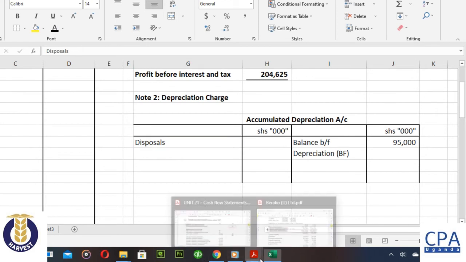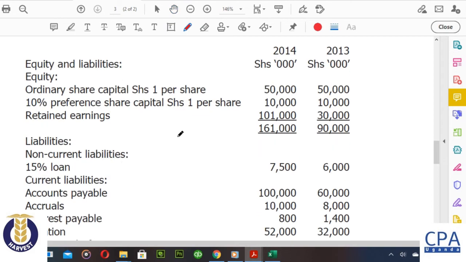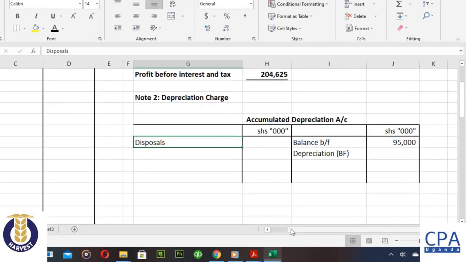When you read note number 2, there was a disposal of non-current assets, and the accumulated depreciation on that asset was 38 million. So I have to bring in the 38 million right here.